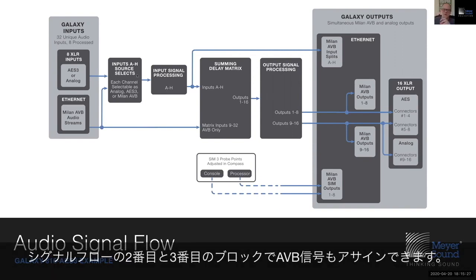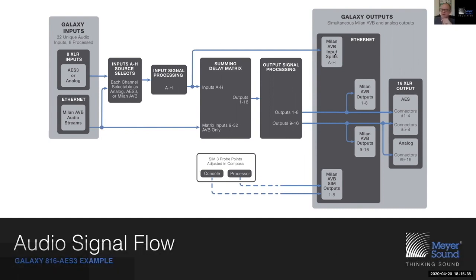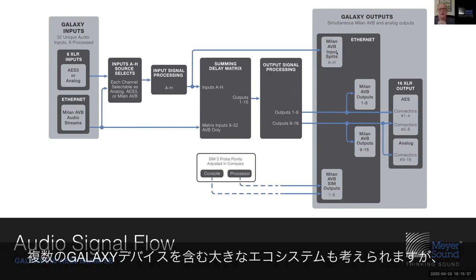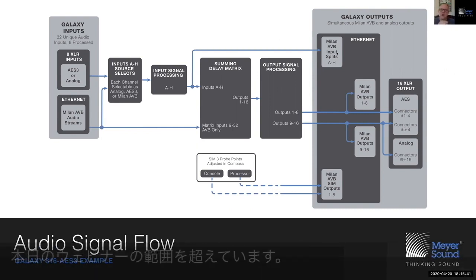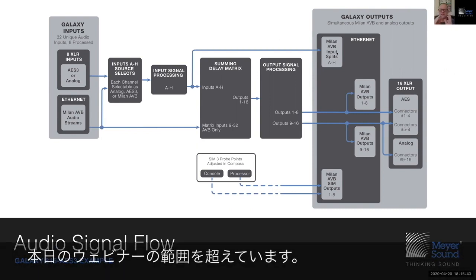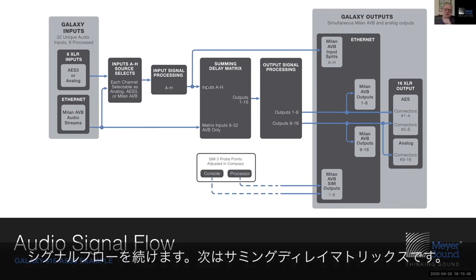So there you have your second and third block in the signal flow. From there we can already start splicing off signals towards AVB if you have a larger ecosystem containing multiple Galaxy devices, but that's beyond the scope of today. This is an introduction. So let's continue our flow chart. Next up is the so-called summing and delay matrix.